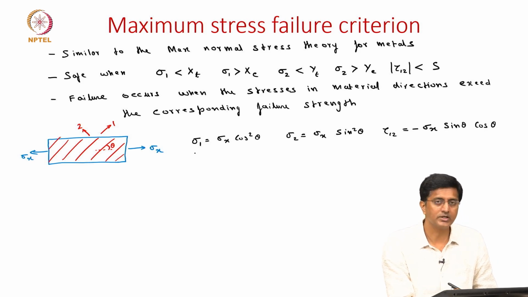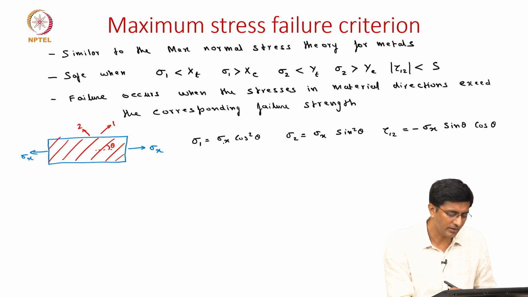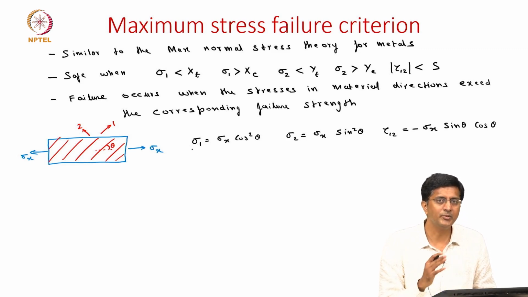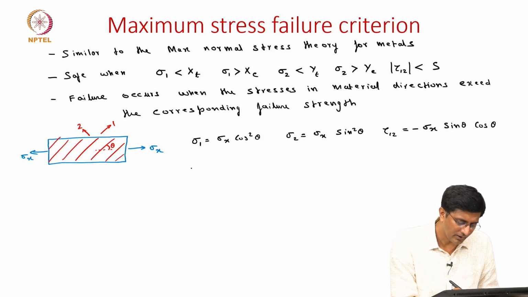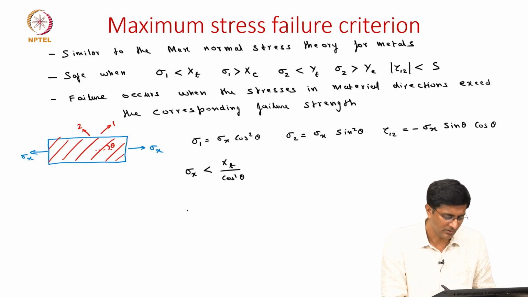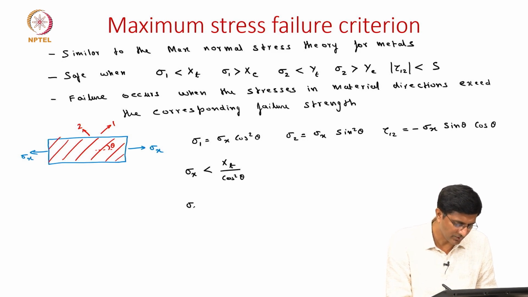So now let's apply this to the failure criteria. Sigma 1 we will replace with Xt at the limiting condition where the failure occurs. So I can rewrite this first equation as sigma x should be less than Xt by cos square theta if it is in tension. But if it is in compression, sigma x should be greater than Xc by cos square theta.